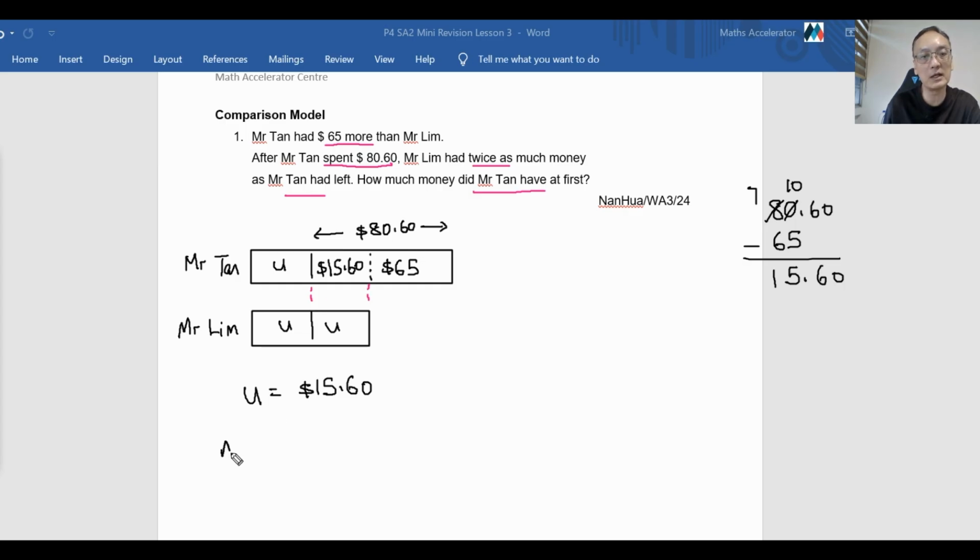So we're going to write here Mr. Tan will be $15.60 plus $80.60. So let's do our calculation over here.